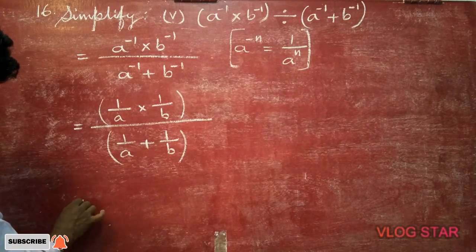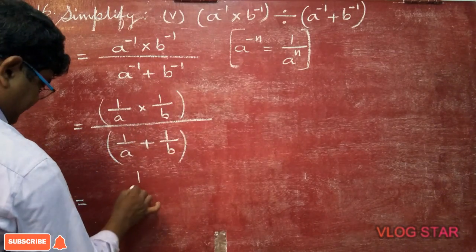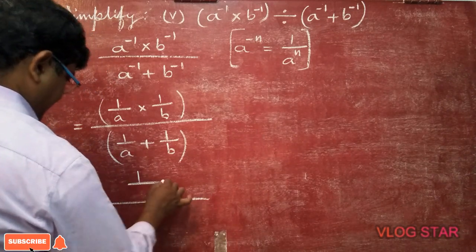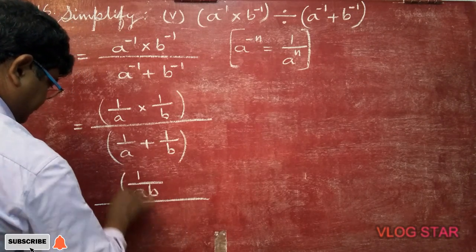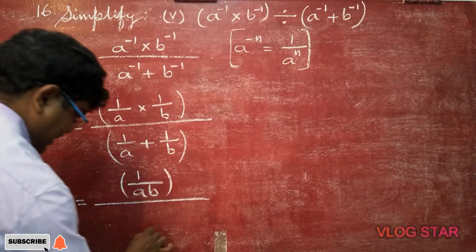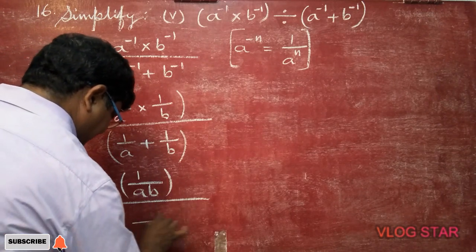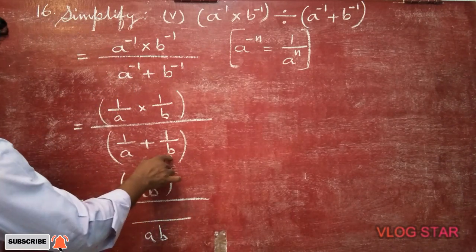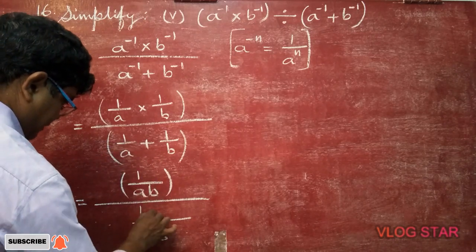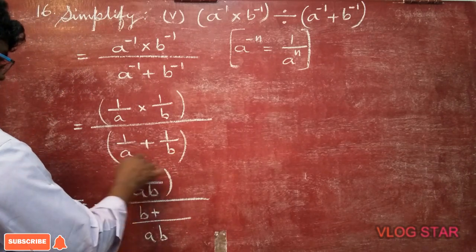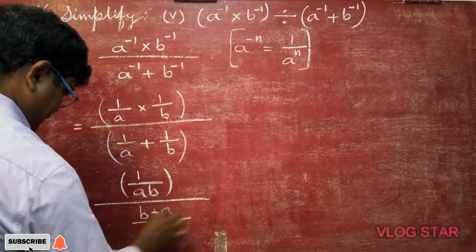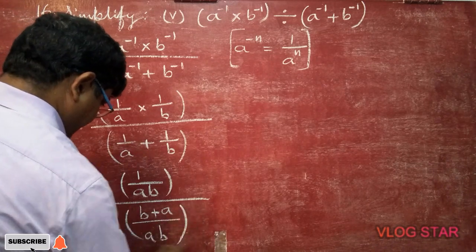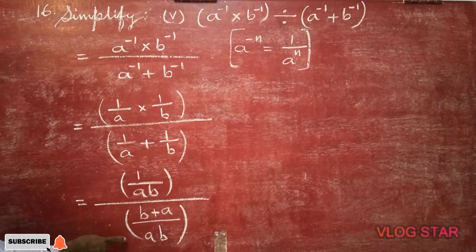So, now that is equal to 1 ones are 1 by a into b, ab. Now coming to denominator, AB is LCM. A goes B times, 1B is B, plus A goes in B for B A times, A ones are A. Now, when a fraction is there in the denominator, it becomes a reciprocal.